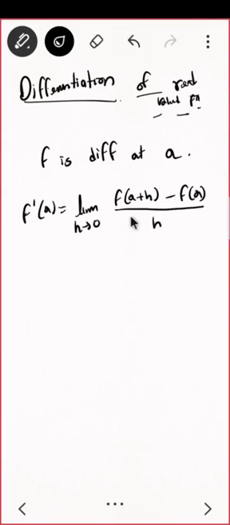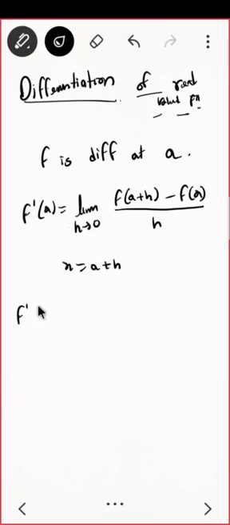This was the first principle definition of differentiability, correct? And if you substitute x equal to a plus h, then this will become what?